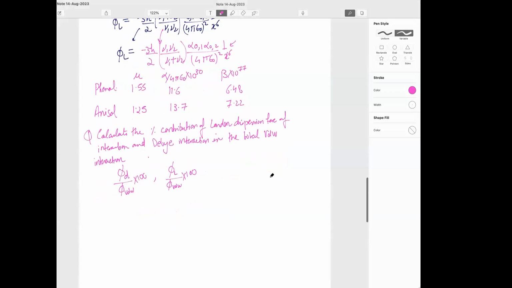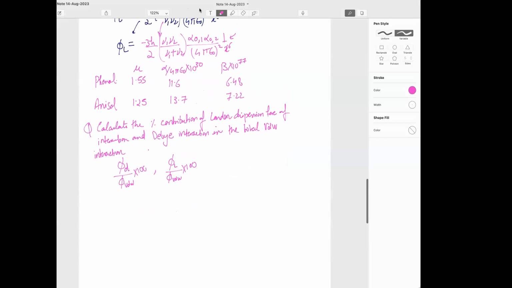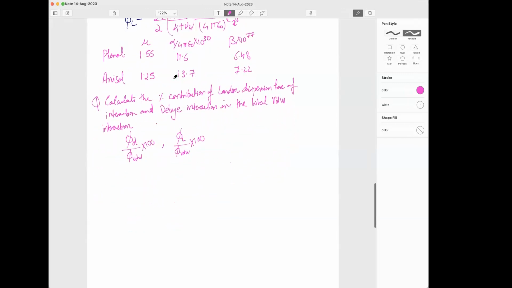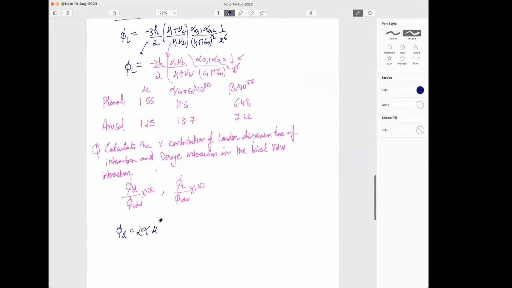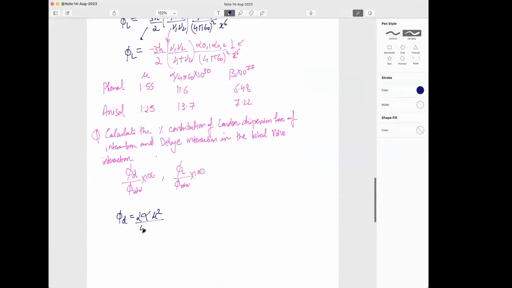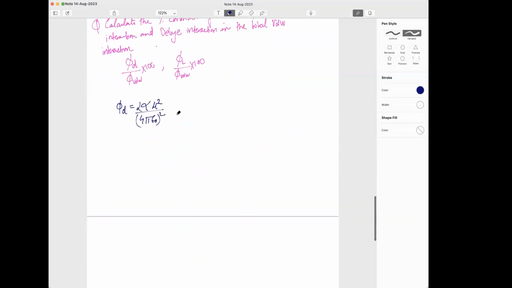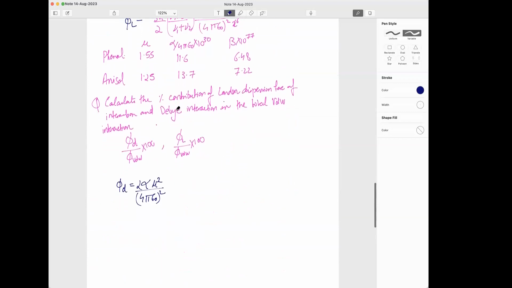So we'll try this question. As you know, phi d is 2 alpha times dipole moment square divided by 4 pi epsilon naught square, correct? So we know the value of mu, and we know alpha by 4 pi epsilon naught.